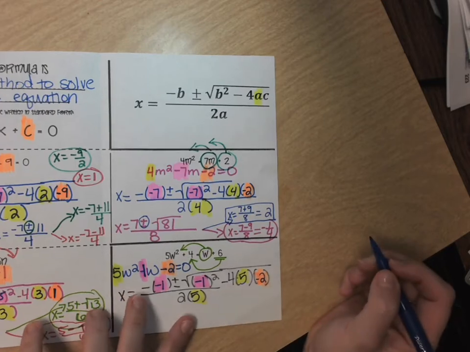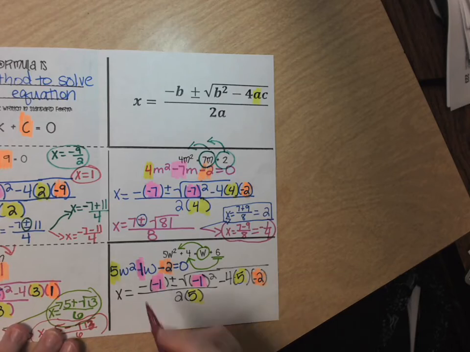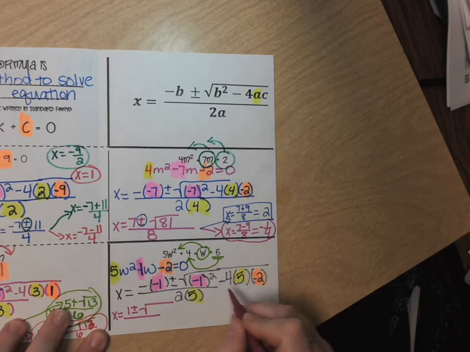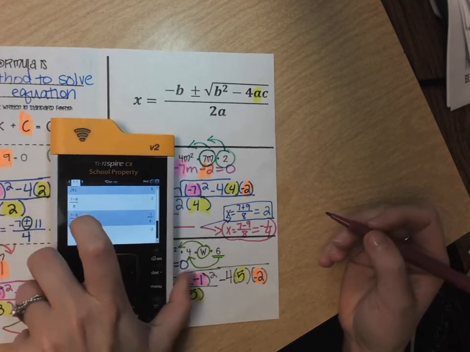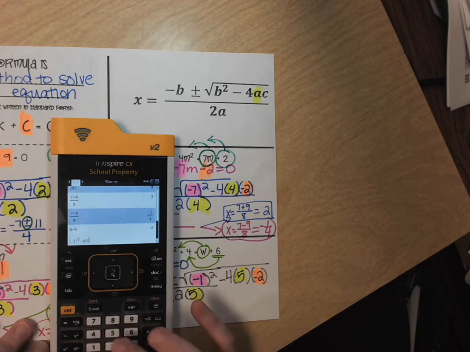Let's fill in our skeleton. Okay, minus a -1. 2 negatives give me a positive, so x equals 1. Plus or minus the square root. We're going to put this guy in our calculator. Parenthesis, -1 squared minus 4, parenthesis, 5, -2.